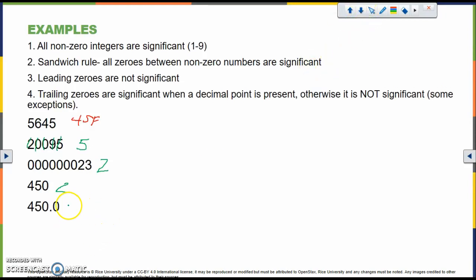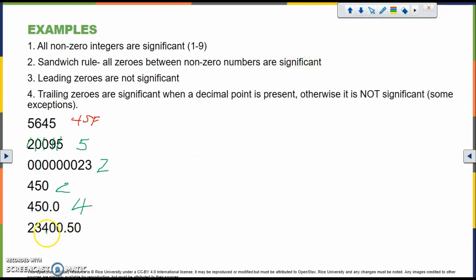However, if we write 450.0, there's a decimal point, so these 2 zeros become significant, and therefore this has 4 significant figures. So go through a bunch of exercises in the book and make sure that you can accurately answer how many significant figures there are in every single set of numbers given to you, okay?